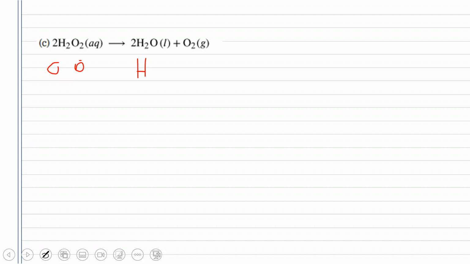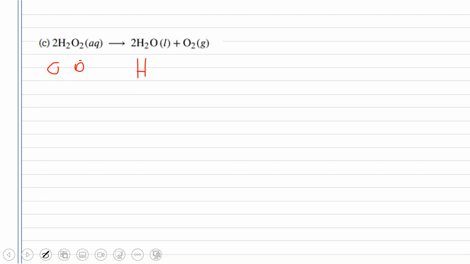This particular one is interesting because we're seeing hydrogen and oxygen, and we're seeing hydrogen and oxygen again. We call this kind of reaction a disproportionation reaction because it involves the same element, oxygen, undergoing both.